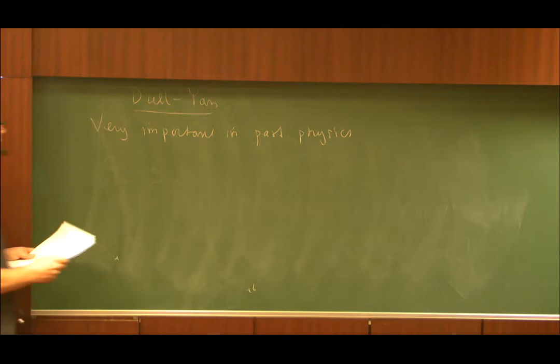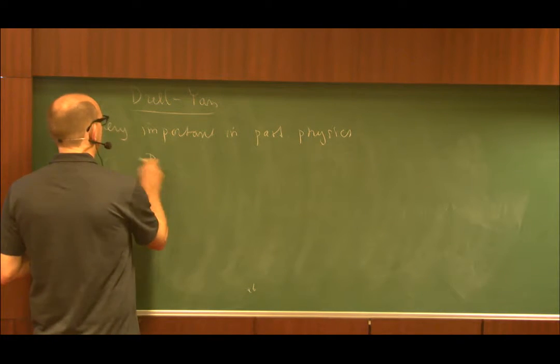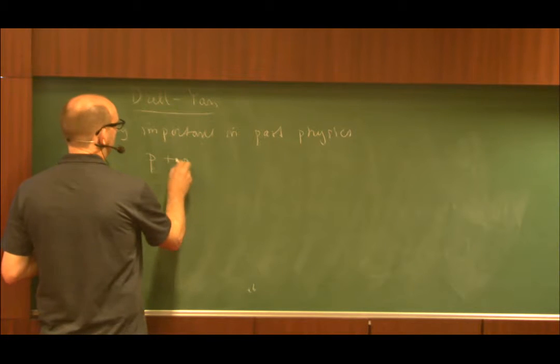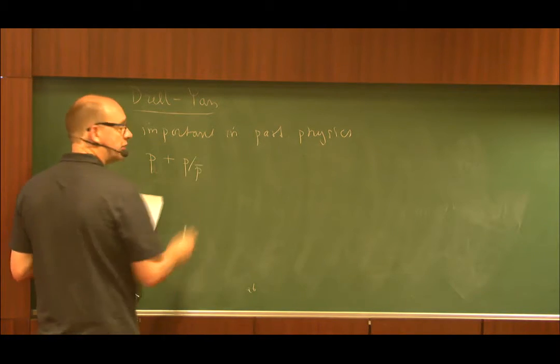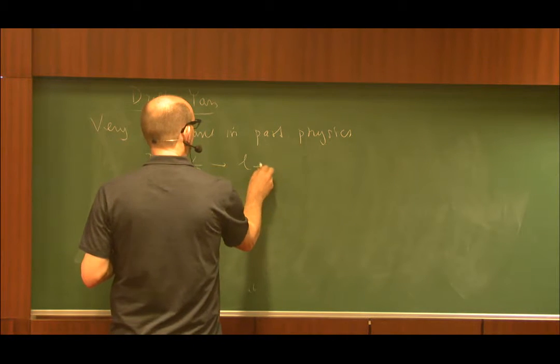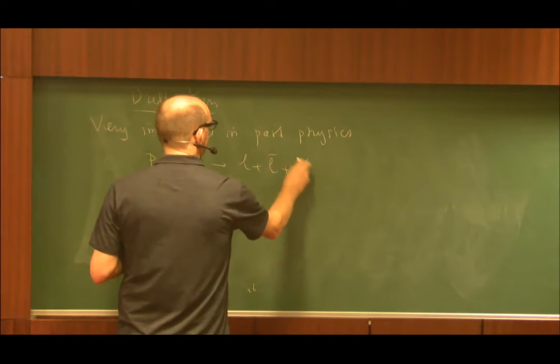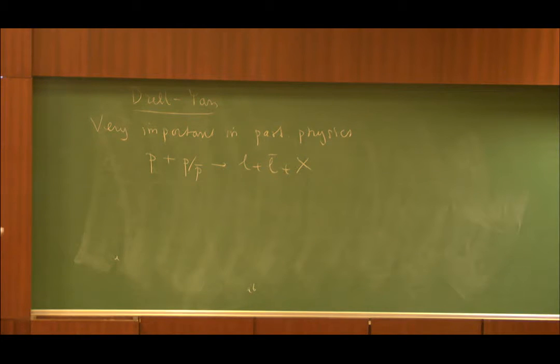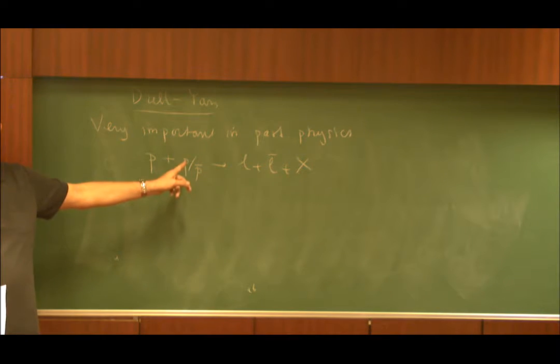And the process is really the collision of a proton with another proton, or possibly an antiproton, say, and out comes a lepton, an anti-lepton, and other garbage, X. So PP would be, say, the LHC.